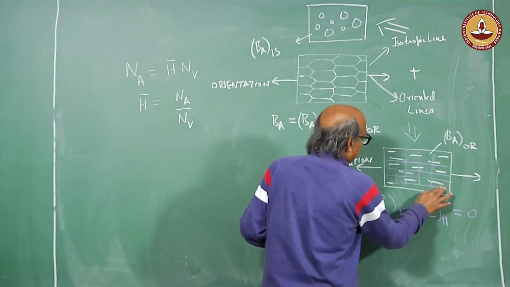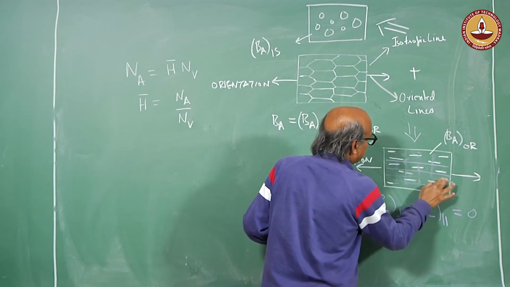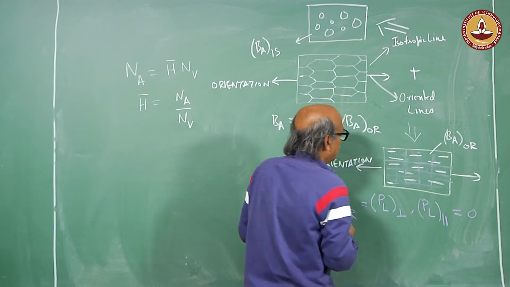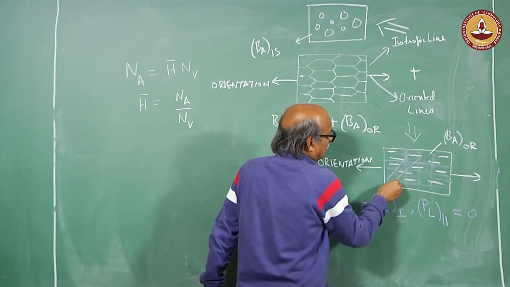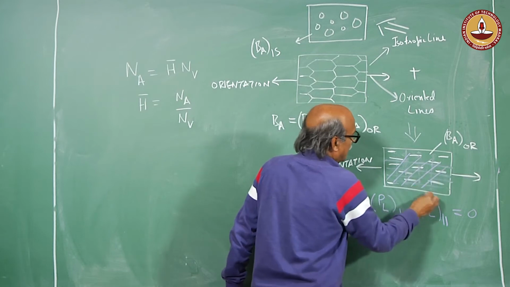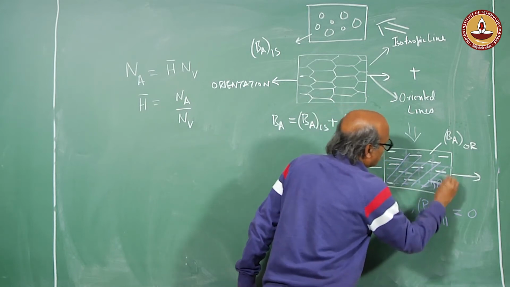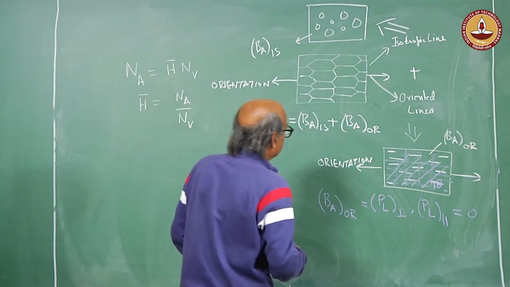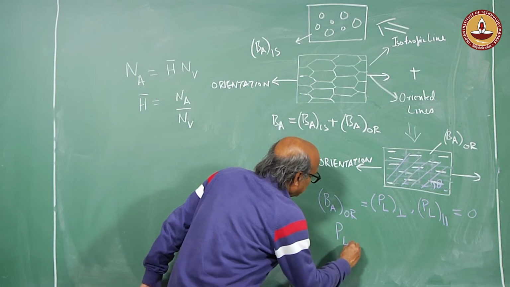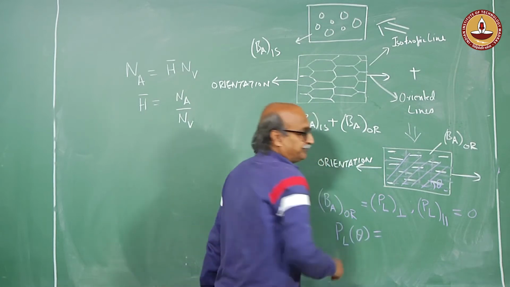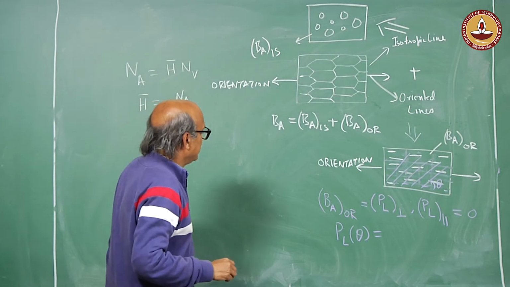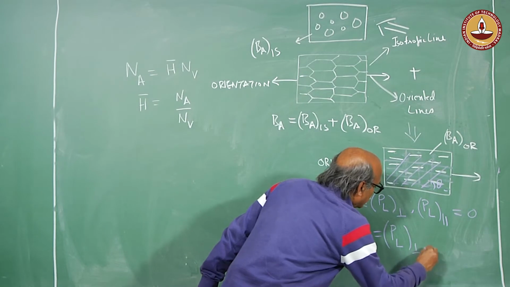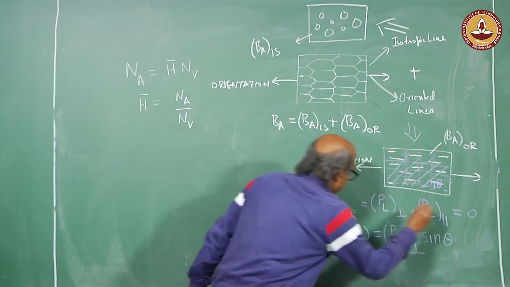Now, finally, if I align my grid at some angle theta, then PL theta is equal to PL perpendicular times sin theta.